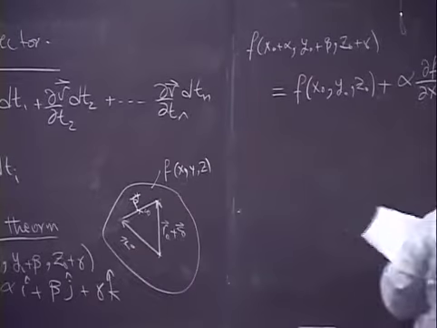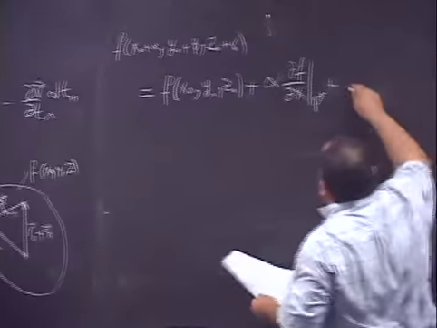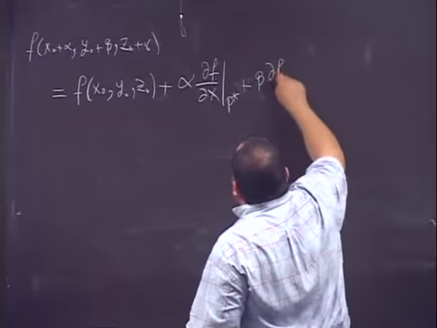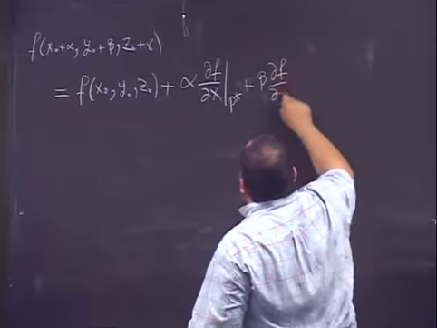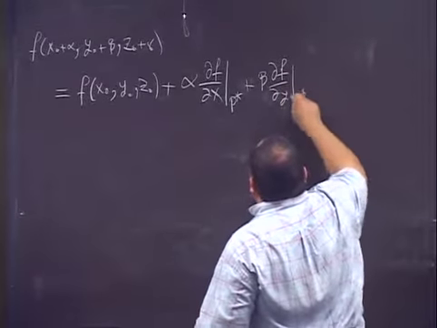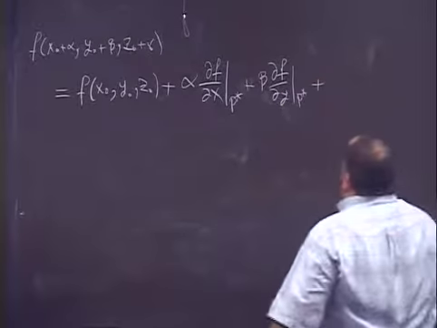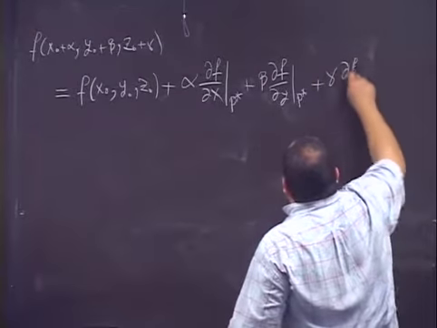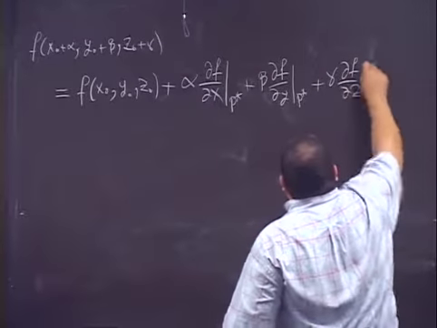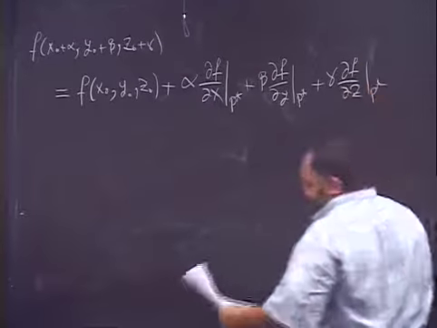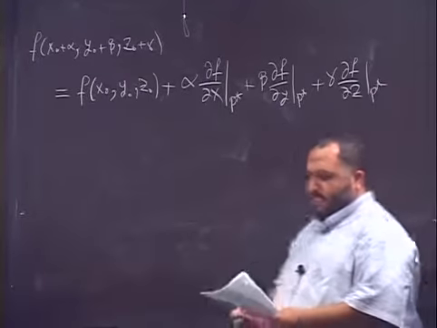So this would be plus beta multiplied by df by dy evaluated at this point b, plus gamma df by dz evaluated at this point b.